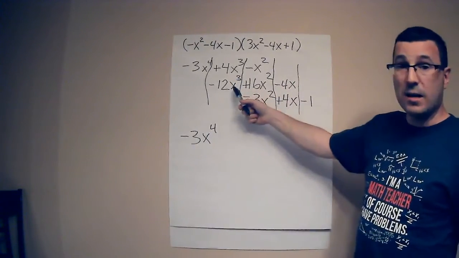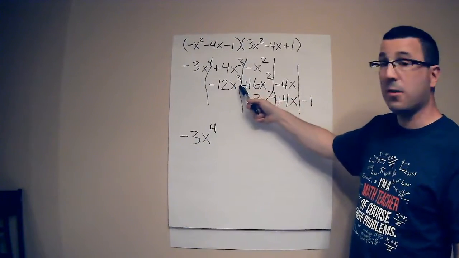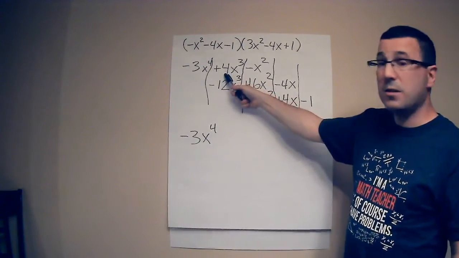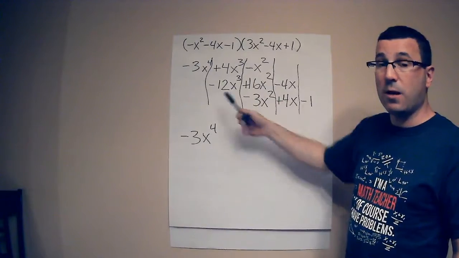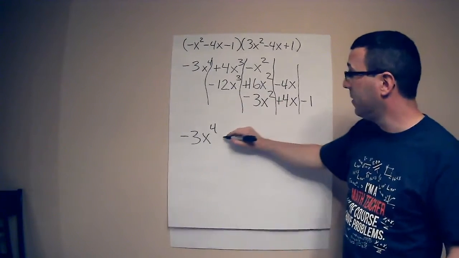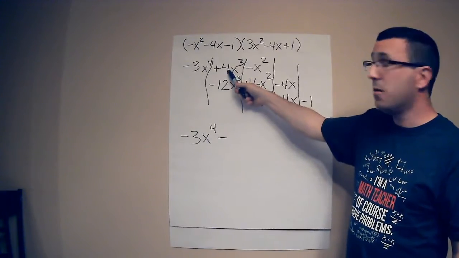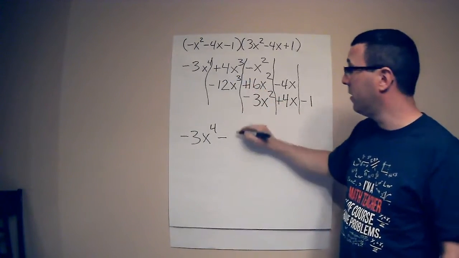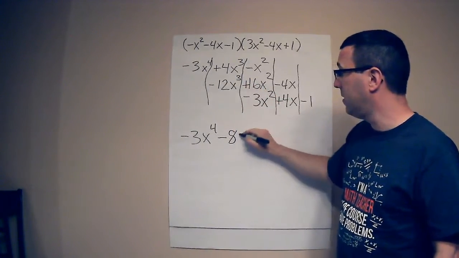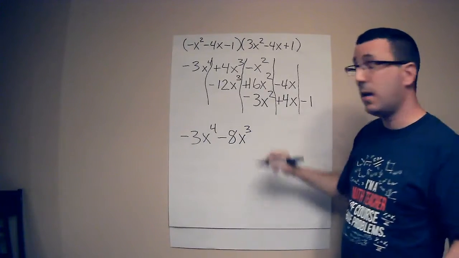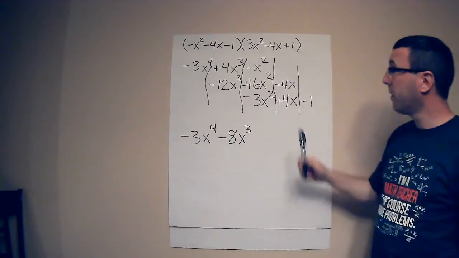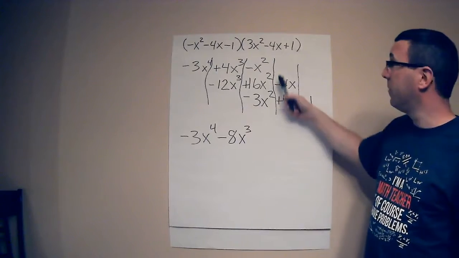Now I look at the second column, these are my x to the third. I have a positive 4 and a negative 12. I'm more negative, so when I combine them, it's going to be a negative, and 12 minus 4 is 8. Negative 8x to the third.